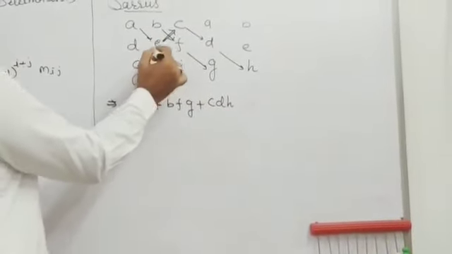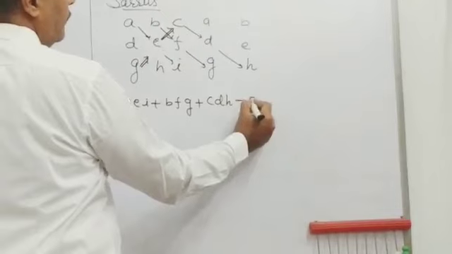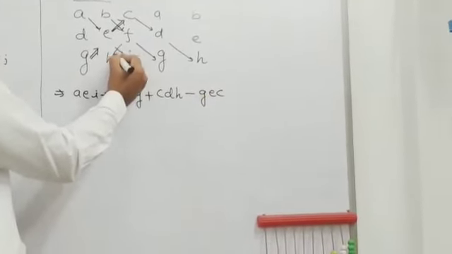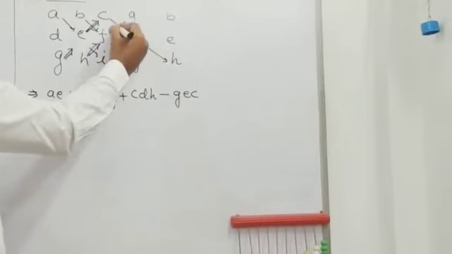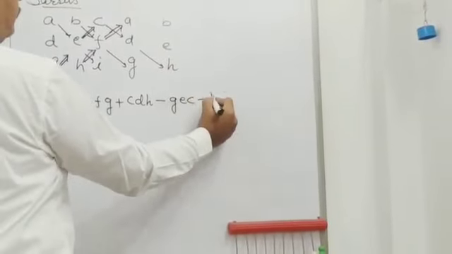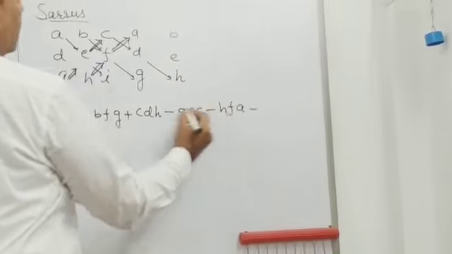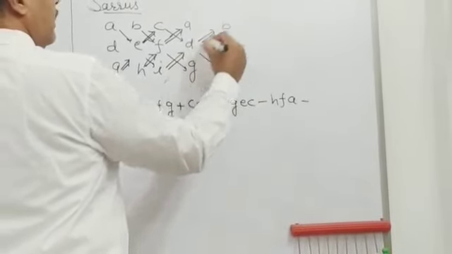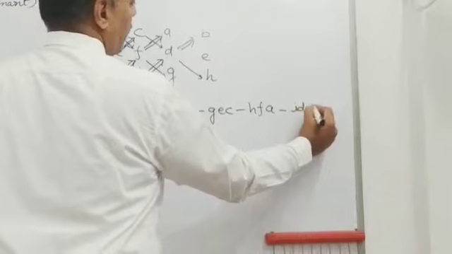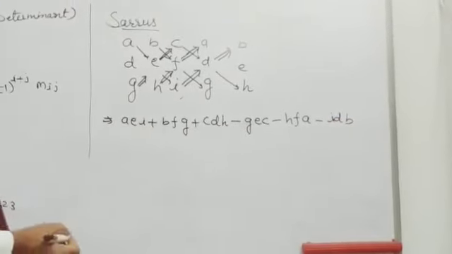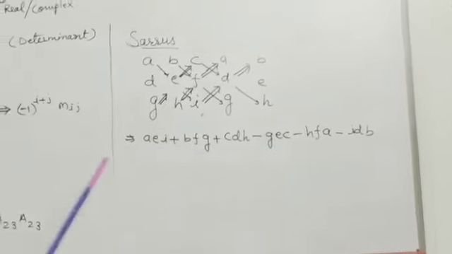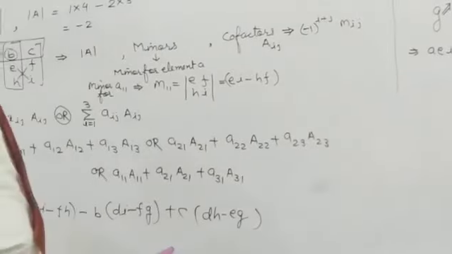Then GEC, HFA and IDB with negative signs. After solving this, we get the value of the determinant the same as we got previously.